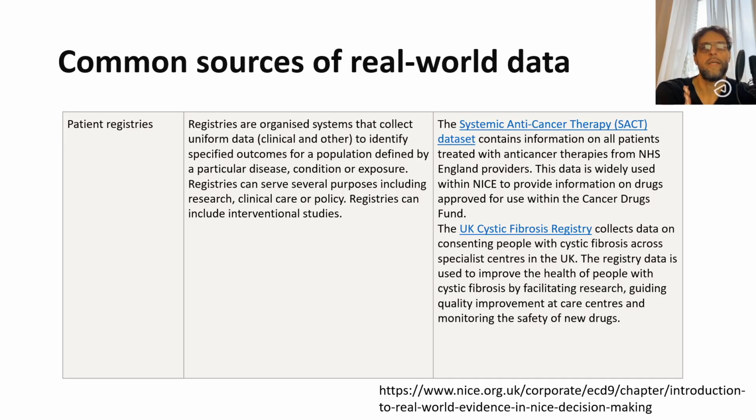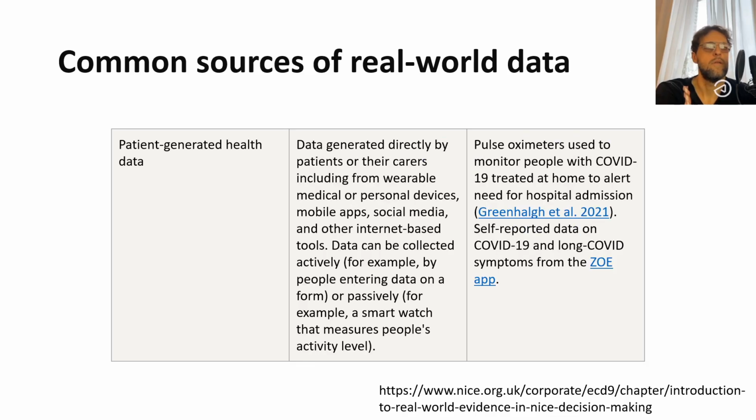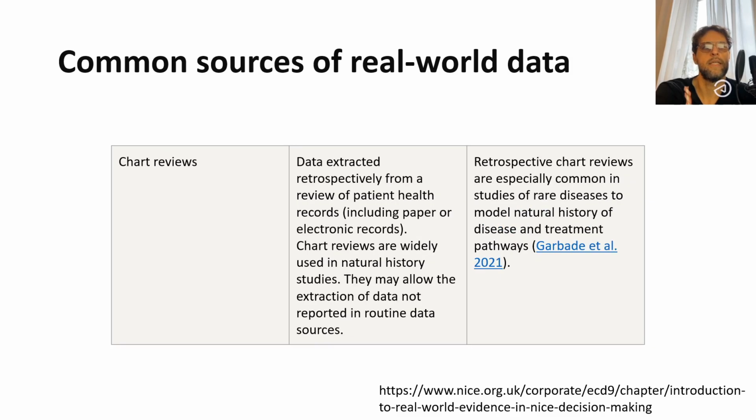Another example is a cystic fibrosis registry, which collects data on people with this disease, and analyzing this data could be utilized to improve the health of people with such a condition. Another example already mentioned: patient-generated data was utilized during coronavirus for safety reporting during this period, and this data could also be used.